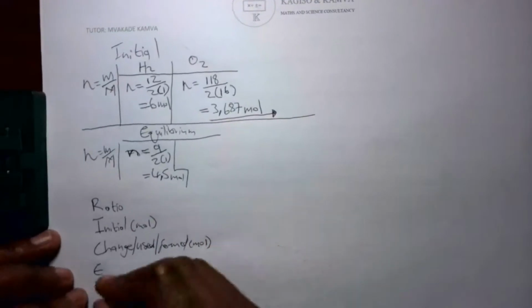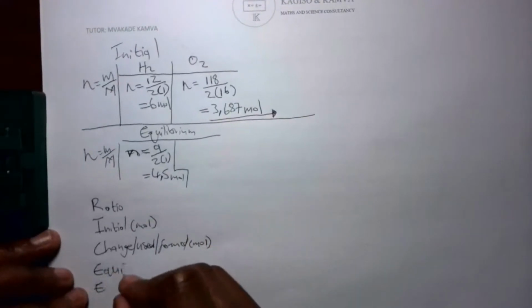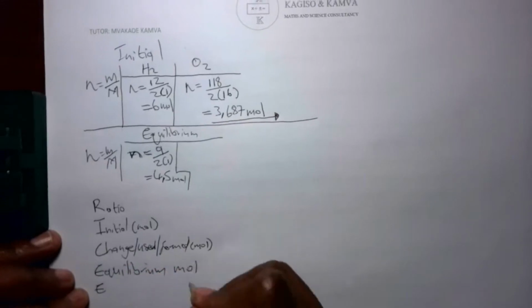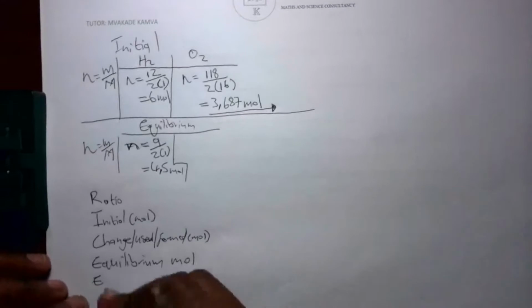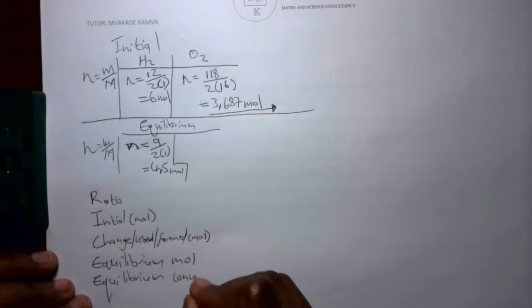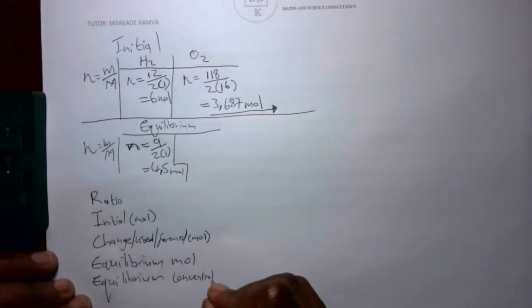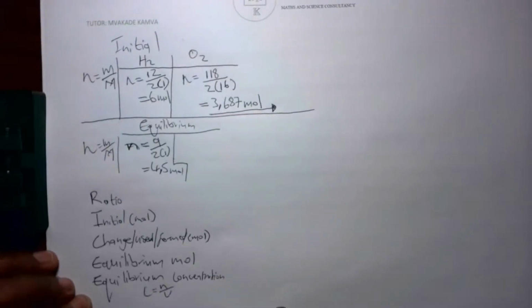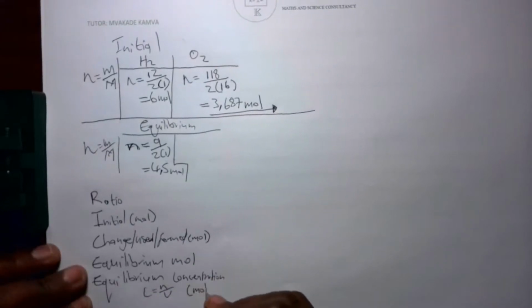Now we have equilibrium mole, and then we're going to have equilibrium concentration. C equals to N over V, so the unit here is mole per decimeter cube.